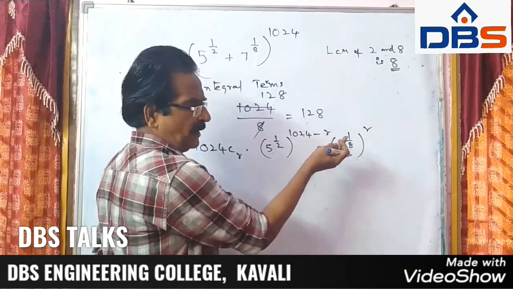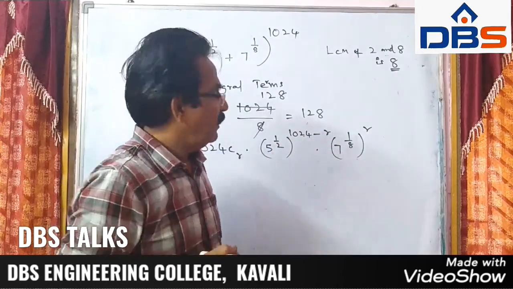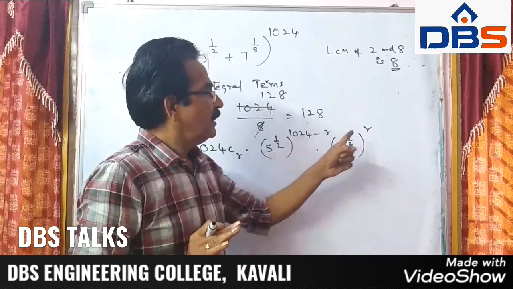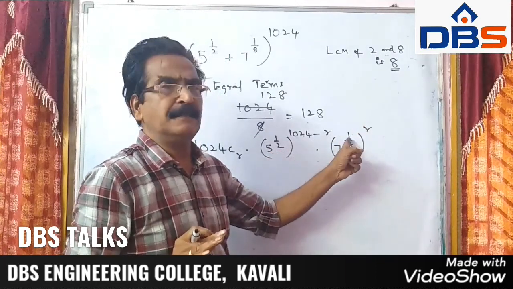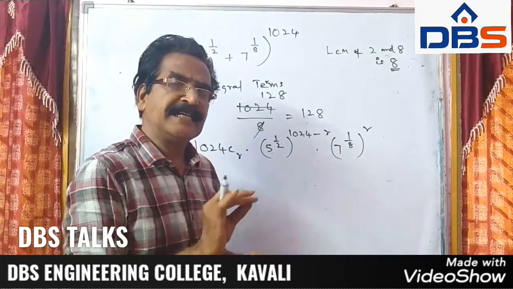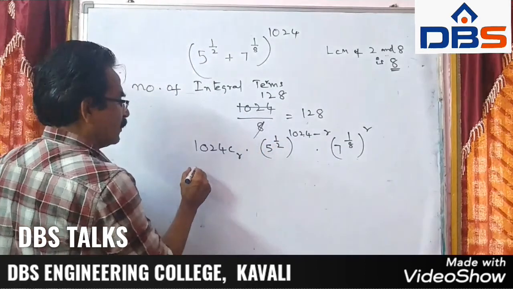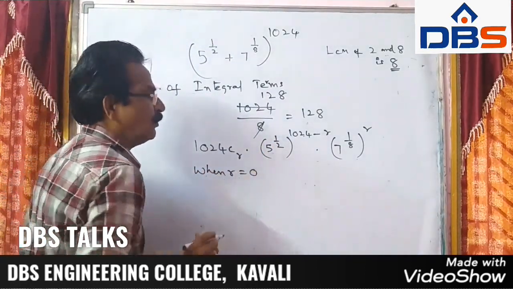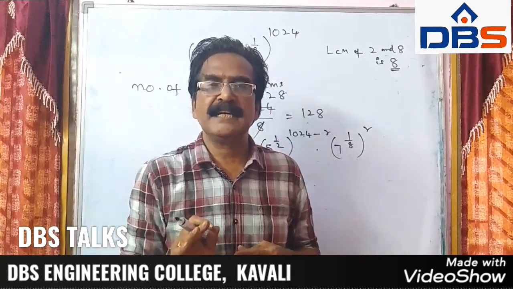If r is equal to 0, 1024 minus 0 is 1024, and 1024 is divisible by 2. Then r by 8 is 0 by 8, which is 0, so 8 can divide 0. So when r is equal to 0, we are getting an integral value.